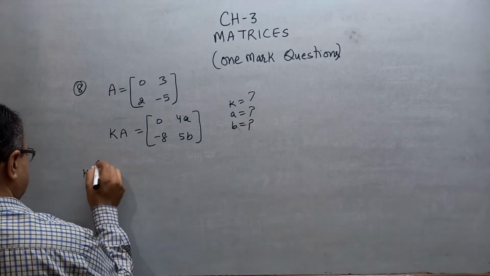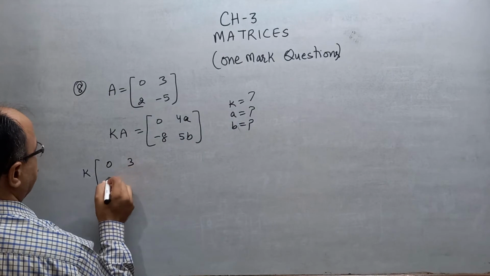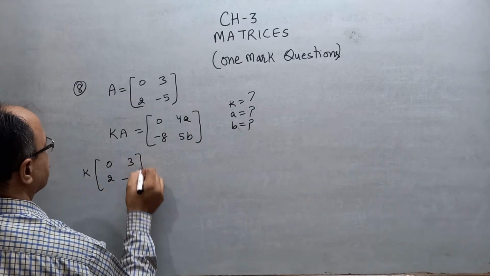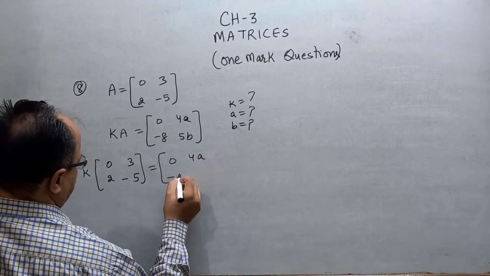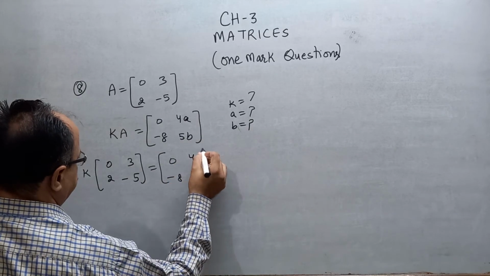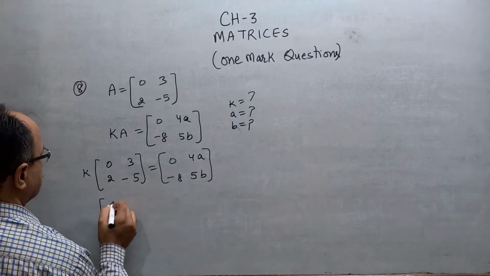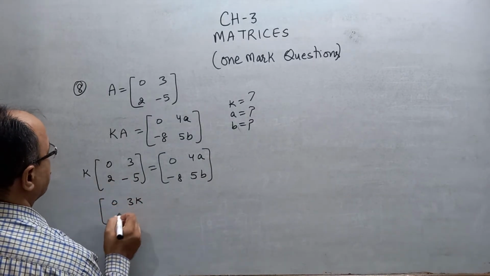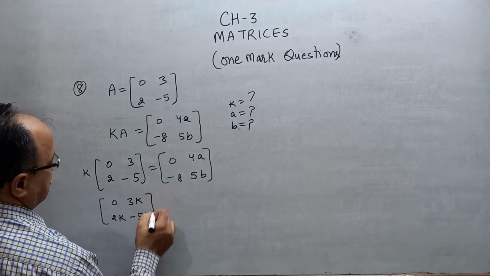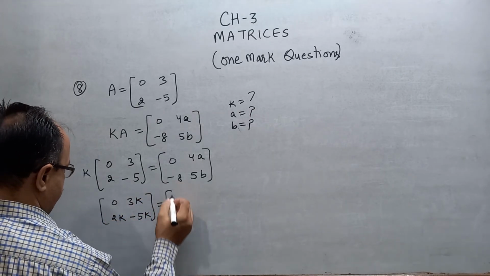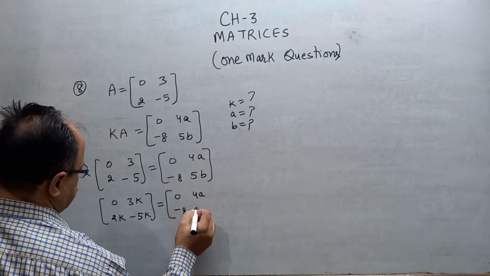You know that, put the matrix A here: 0, 3, 2, minus 5. That is 0, 4a, minus 8, 5b. When you multiply by k, 0, 3k, 2k, minus 5k equals 0, 4a, minus 8, 5b.